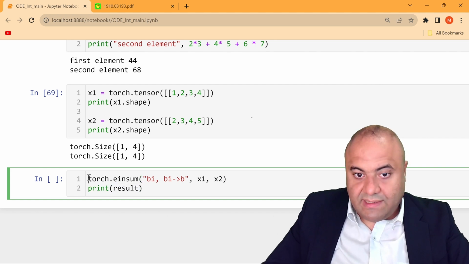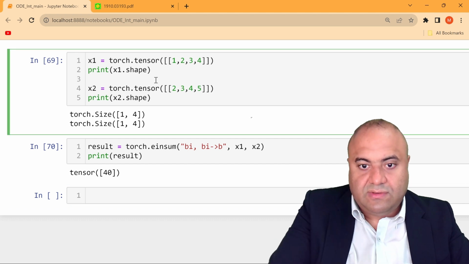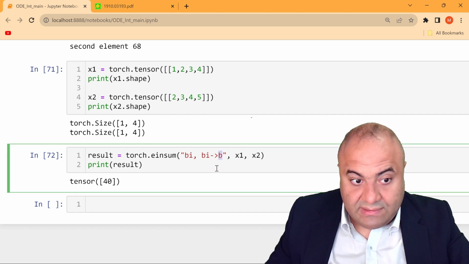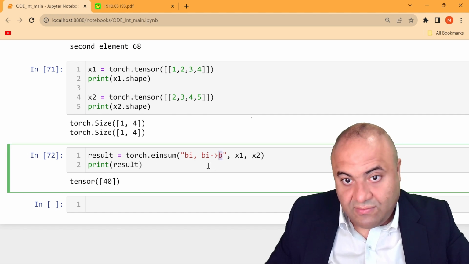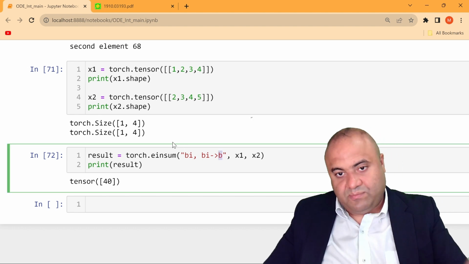So we take this and multiply it and see what the result is. If we say p, it will be basically the one dimension. But okay, let's put p.